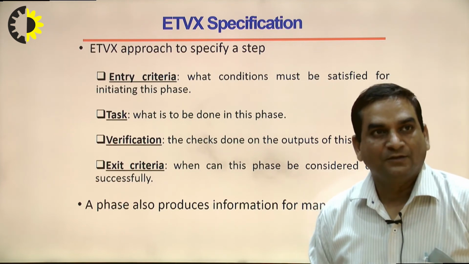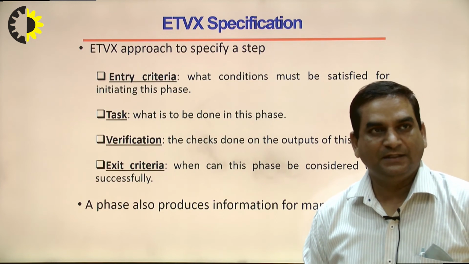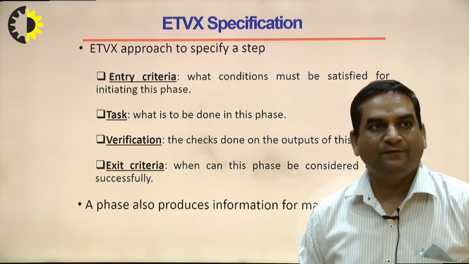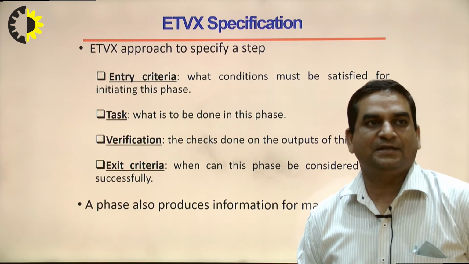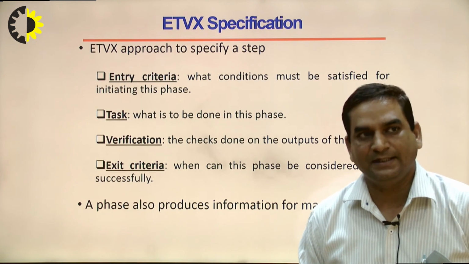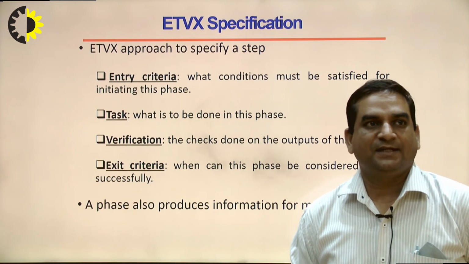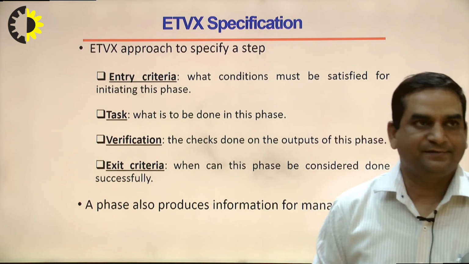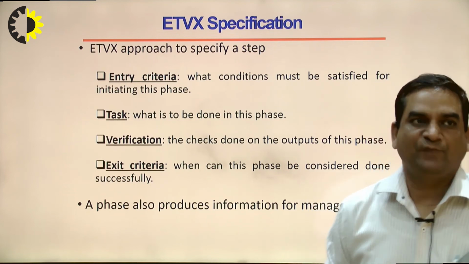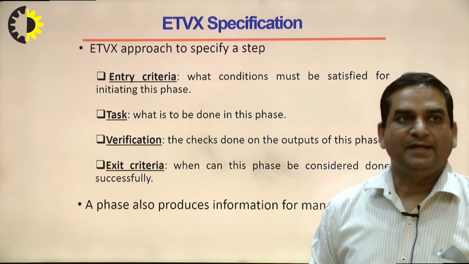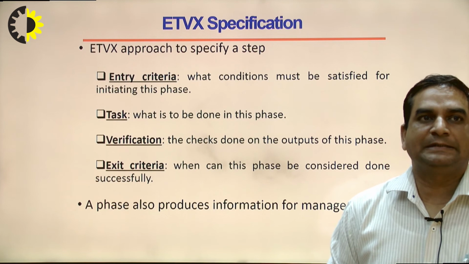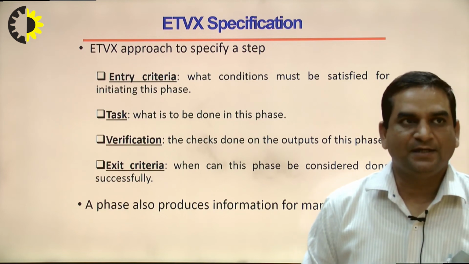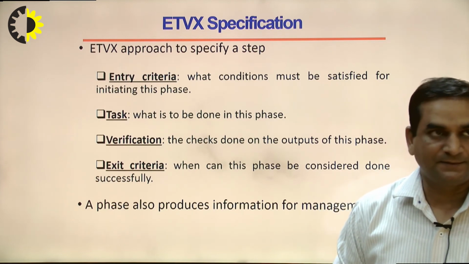In this ETVX specification, E is for entry, T for task, V for verification, and E again for exit criteria. So there are four steps: entry criteria, task, verification, exit criteria. Entry criteria means what conditions must be satisfied for initiating this phase.